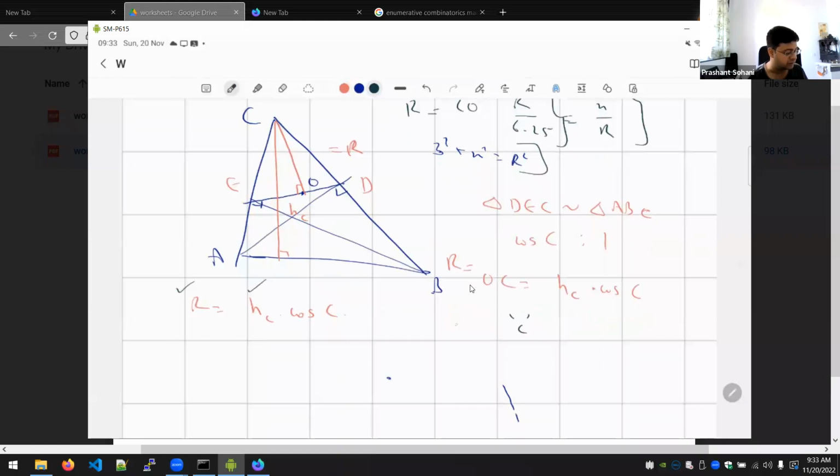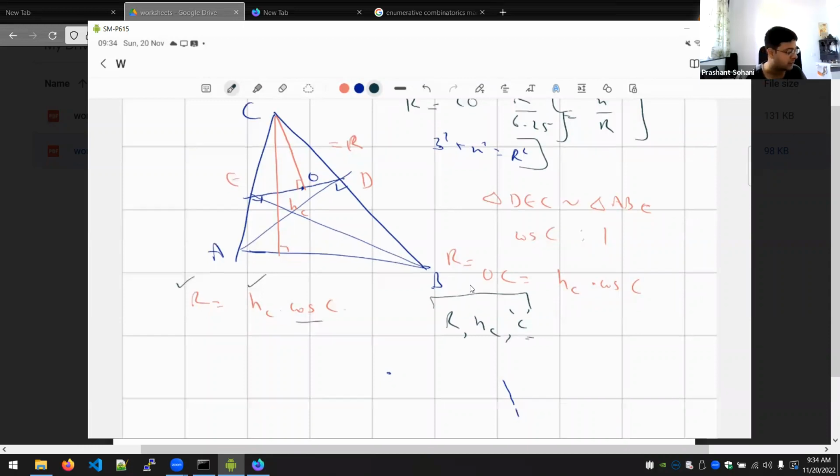In a triangle, you require 3 pieces of information to construct it. So in that sense, for the 3 symbols R, HC, and small c, there has to be some relation between them which we can exploit to finish this problem. The only difficulty seems to be that here you have cos C and here you have small c, which is the length of the side. So how to relate those together is not clear.